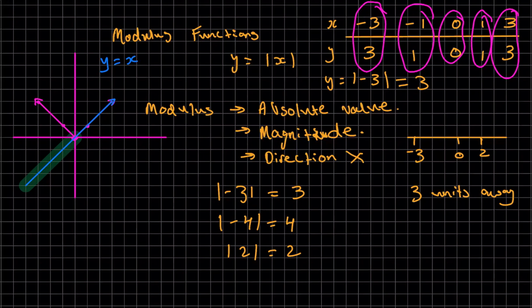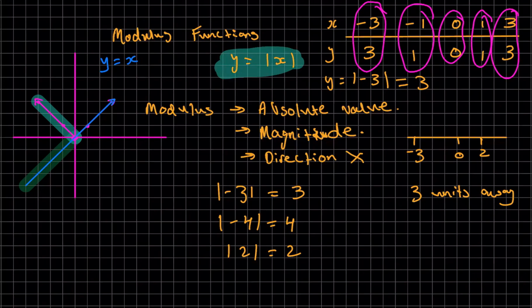So we've flipped it over the x-axis to bring the line over here. This is because our y values in this equation can only ever be positive. We can never get a negative modulus from this equation.